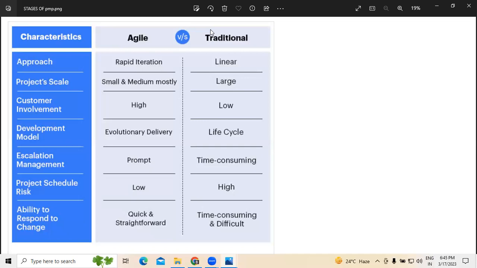CI/CD, I can say, if someone is using DevOps, all that comes into account, because earlier the application developer, the testing team, and the deployment team are separate. The deployment team's responsibility is to deploy the application based on the work done by the team members.